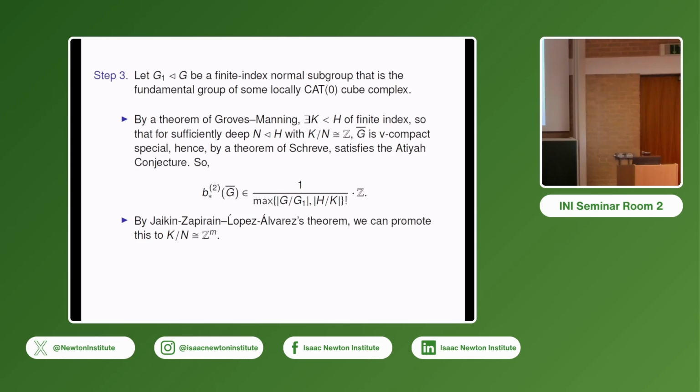Now, what is true is that more generally, we want K mod N to be not just Z, but some free abelian group.